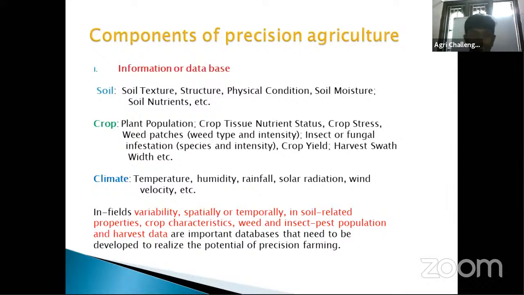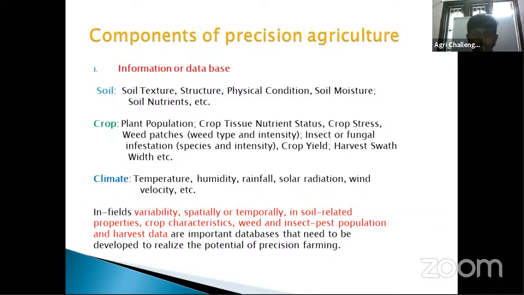If there are 10 hectares of land entirely under tea plantation or entirely paddy, I can't move everywhere and I can't observe my entire field with naked eyes. So this GPS gives you the details, and based on that information, the GPS will lead me easily towards that particular location.